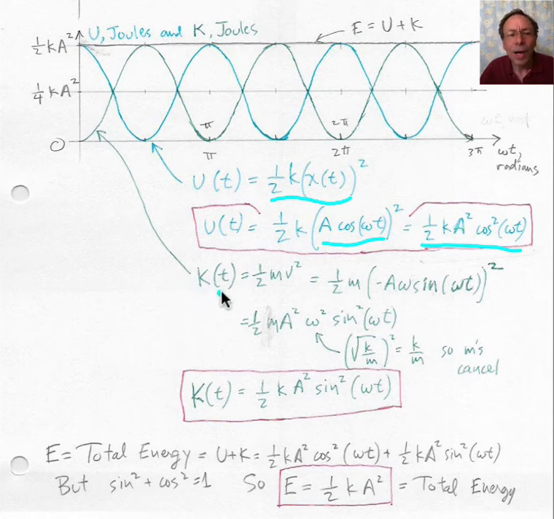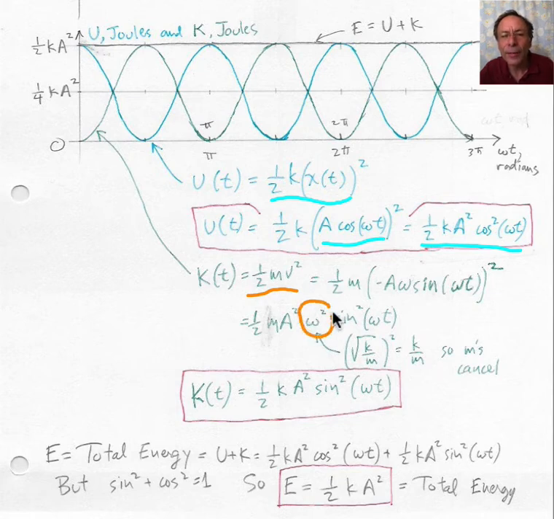Now, how about the velocity and the kinetic energy? So kinetic energy is 1/2 mv squared, but the velocity, if you go back, is minus a omega sine of omega t. Now you're going to square that, right? So you find that the kinetic energy is 1/2, do some algebra here. Now the thing here, we have omega squared, right?